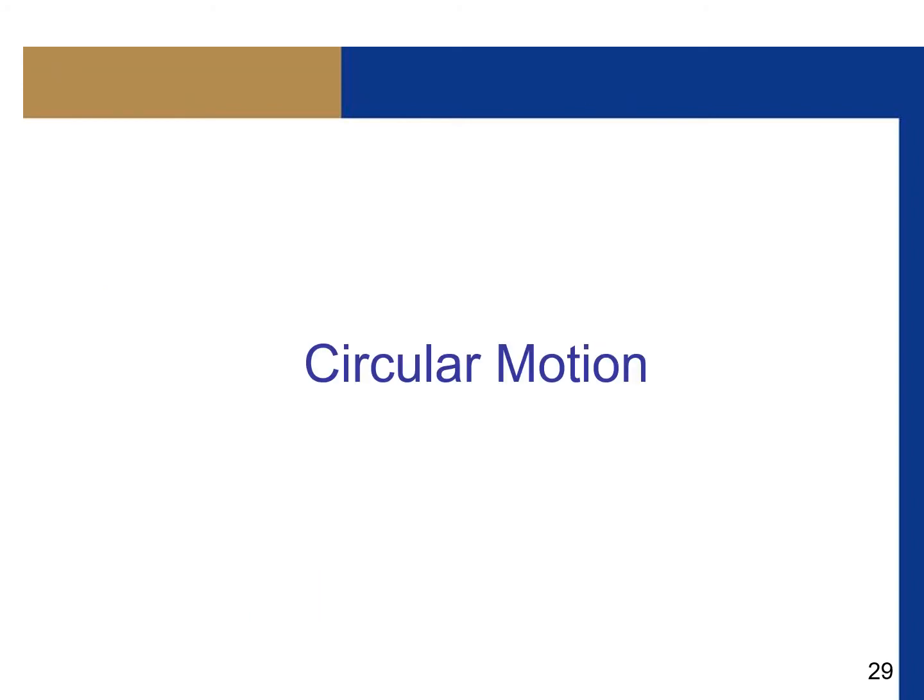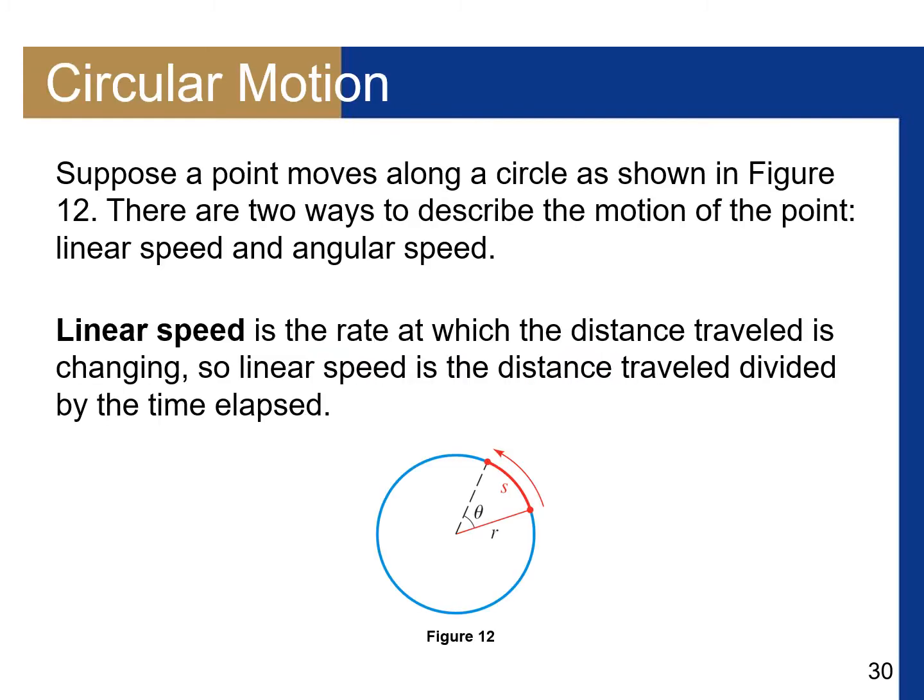Now, circular motion is one that you probably looked at in science. You have 2 points that move along the circle in figure 12. There are 2 ways to describe this motion of the point: linear speed and angular speed. Linear speed is the rate at which distance traveled is changing. So linear speed is the distance traveled divided by the time.